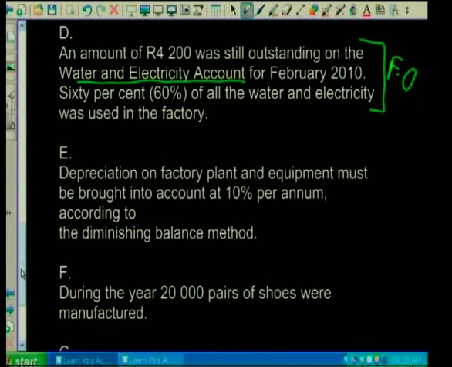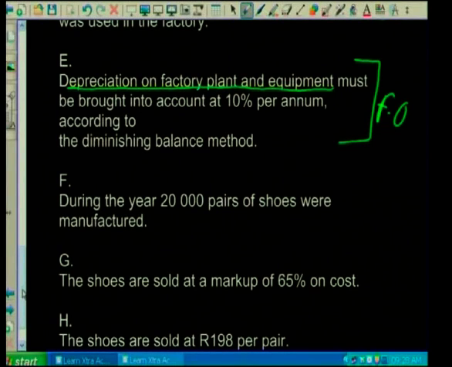Adjustment E, depreciation on factory plant and equipment. Again, this deals with factory overheads. Depreciation is an indirect cost that needs to be taken into account when I'm calculating my factory overheads. Next bit of info, F, during the year 20,000 pairs of shoes were manufactured. So we had this information earlier on.